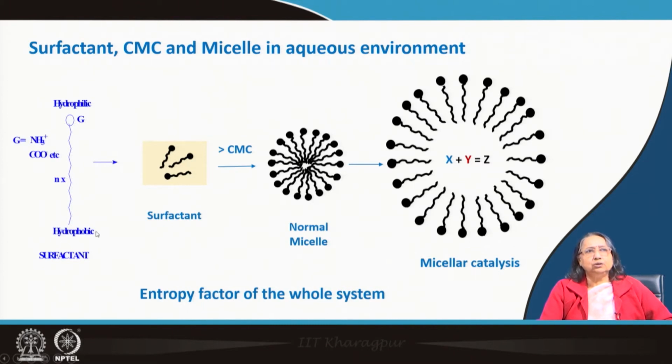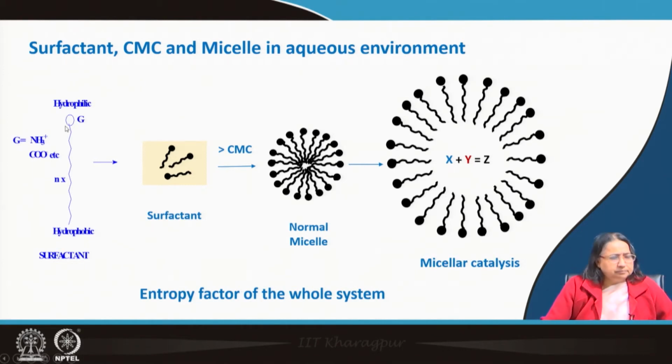It is also called the hydrophobic tail. And the other end is written as G. So, what is G? G is some ionic end. It may be NH3 or NR3, or it may be CO minus, or it can be SO3 minus. So, this is called the ionic head.